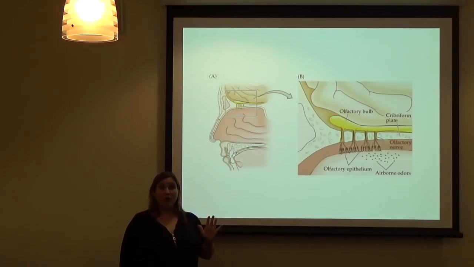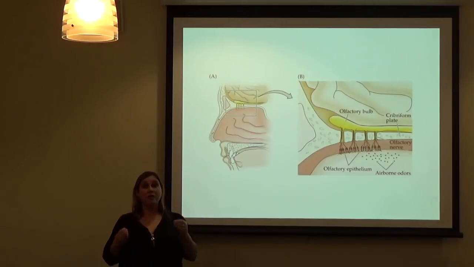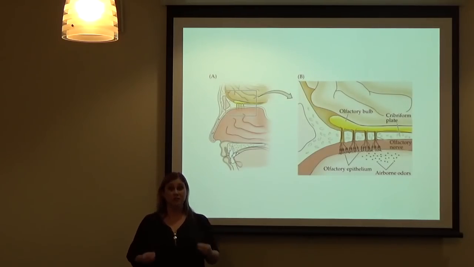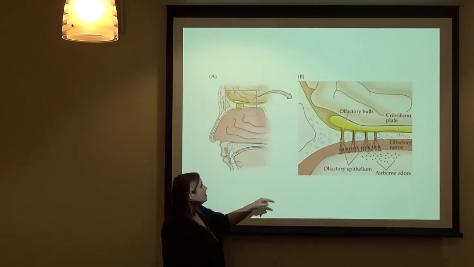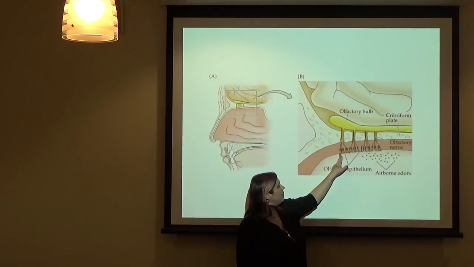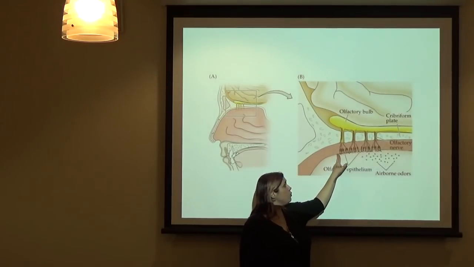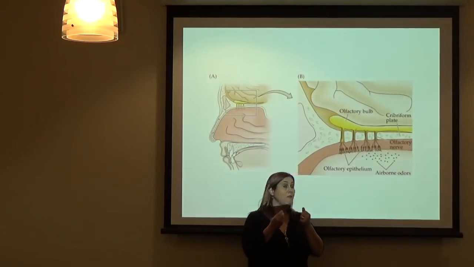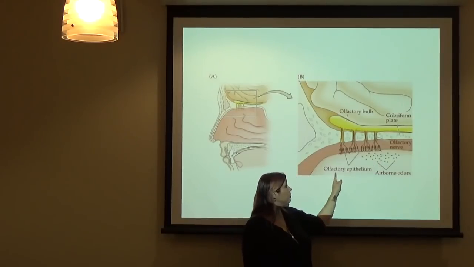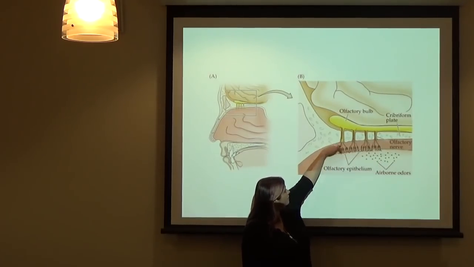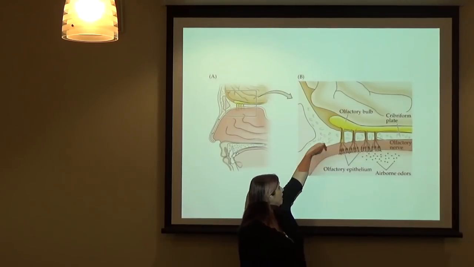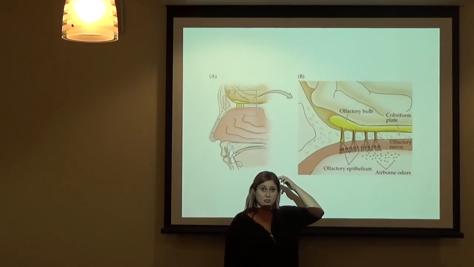For smells, you have over 350 different kinds of receptors for different kinds of smells. The place where the chemical is going to bind is up here in the olfactory epithelium. Here are the ORCs, and their little dendrites are poking out into the top of your sinus cavities.